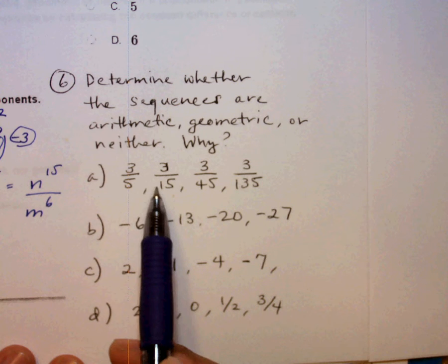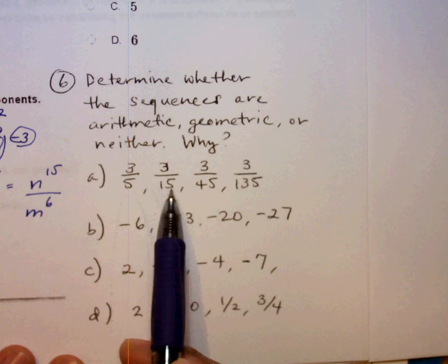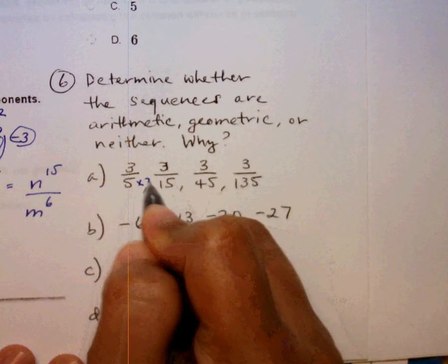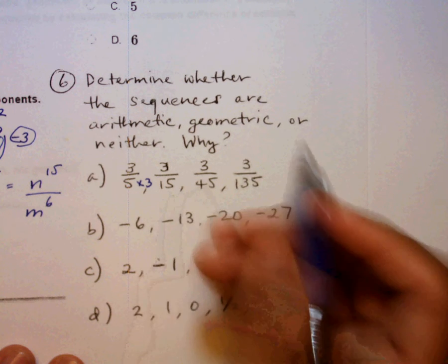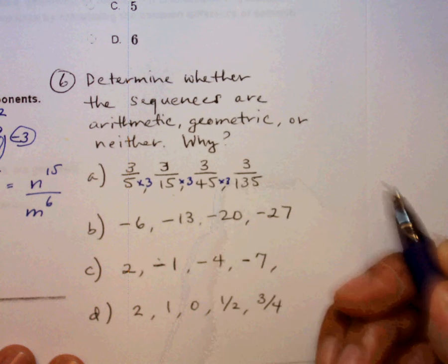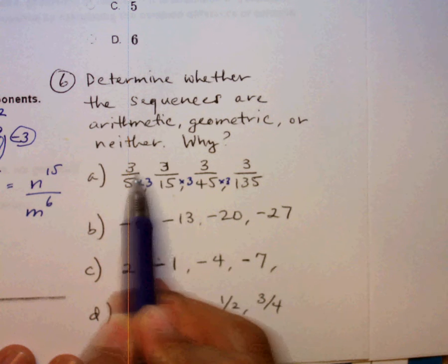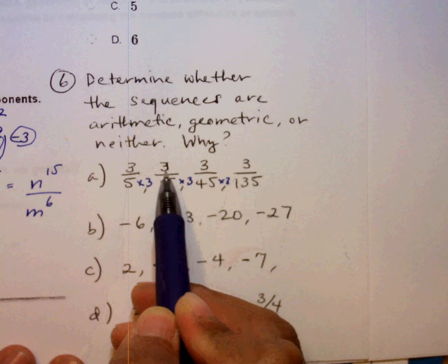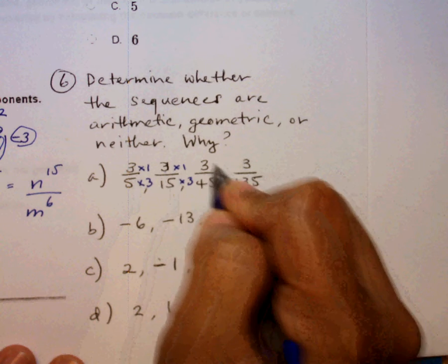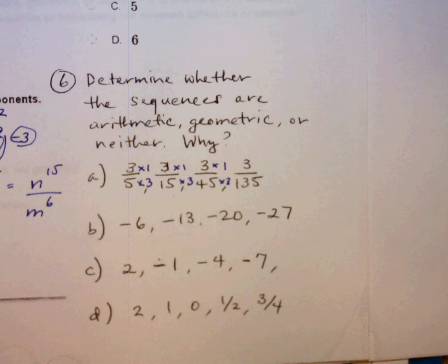So what we're going to do is see what we can multiply by 5 to get 15. 5 times 3 is 15. 15 times 3 equals 45. 45 times 3 is 135. And in the numerator, 3 times what gives me 3? 3 times 1, and that's the same throughout.